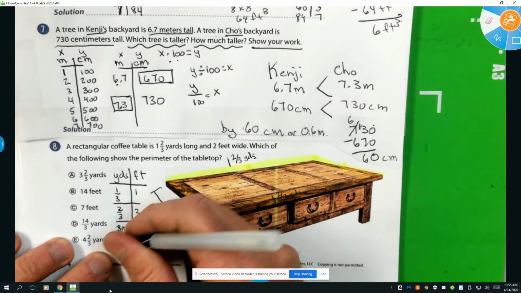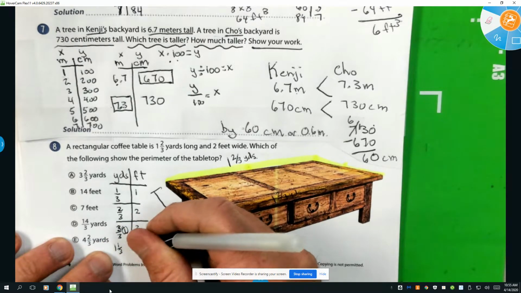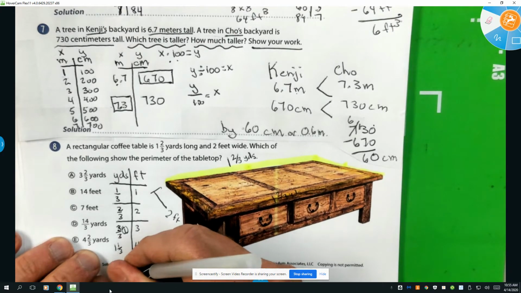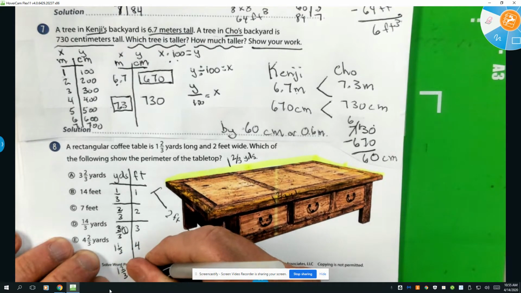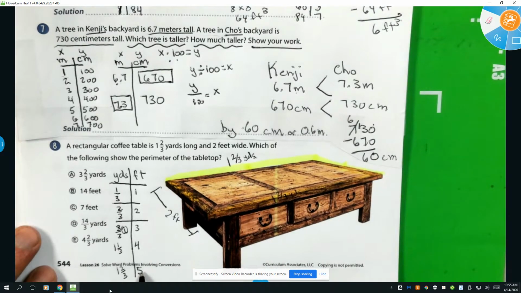Then 4/3, which is 1 1/3, is 4 feet, and 1 2/3 yards would be 5 feet. I can stop right there.